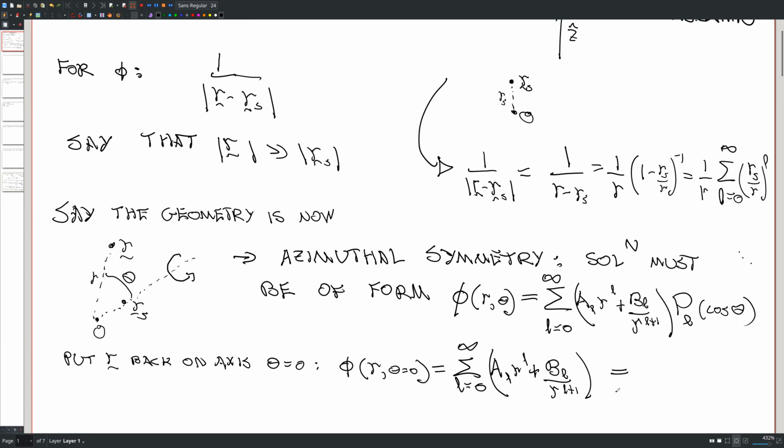But this has to equal that thing here, because that's the one that we got from the straight Taylor series when I'm on the axis. So there you have it. All the coefficients are immediately known.